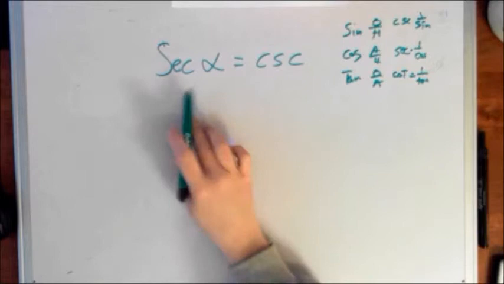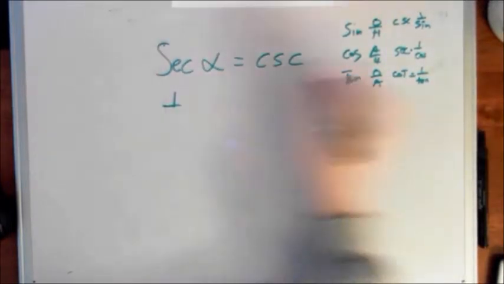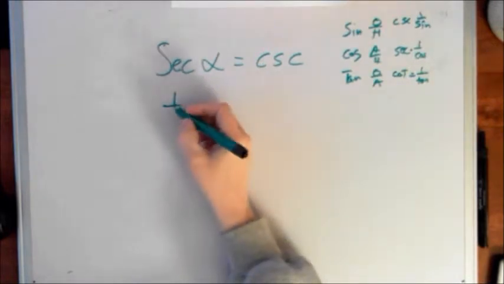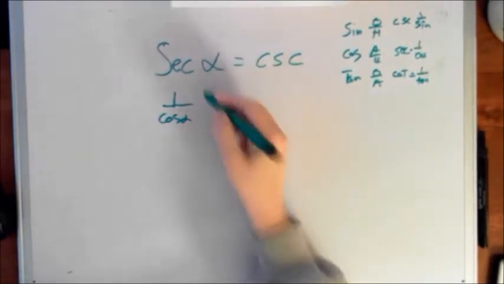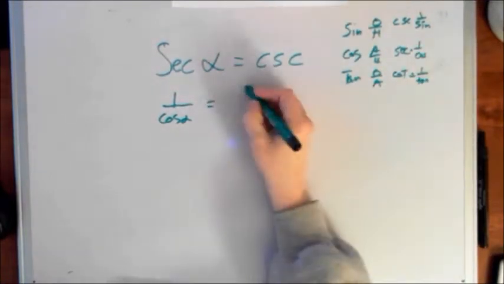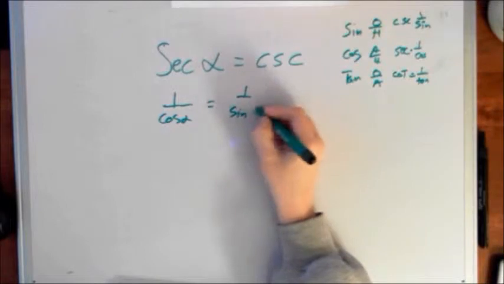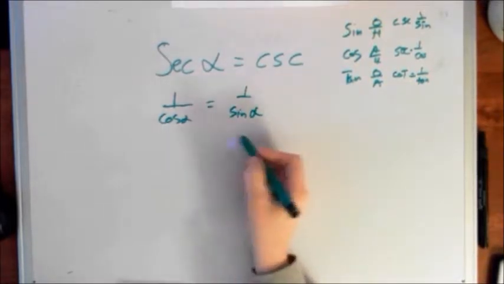So what can I say about secant? Well, secant is equal to 1 over cosine, and I get that from here. So 1 over cosine alpha is equal to cosecant, which is 1 over sine alpha. So I can reduce this expression a little bit more.